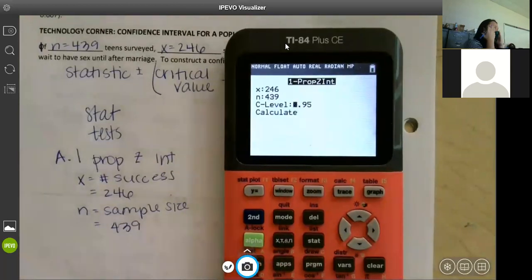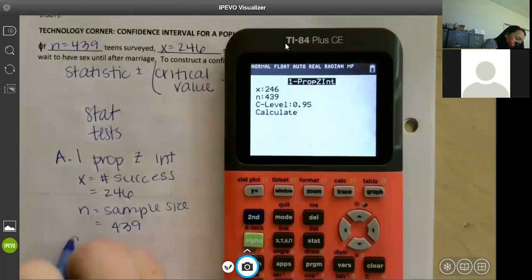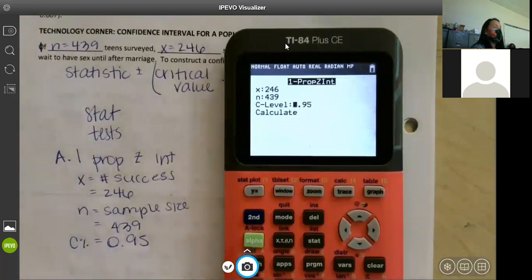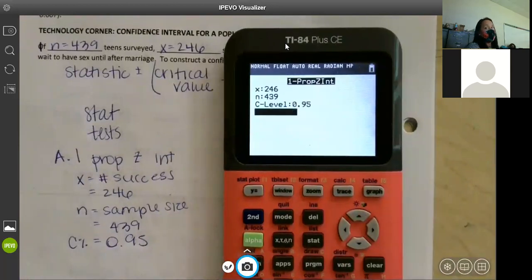And then we don't have to do all that work in our head to figure out the Z star or any work in the calculator for that matter, like doing the inverse norm, because it'll do it for you. Our C level was 95%. And you want to write it as a decimal, so 0.95. And I think that is your set.